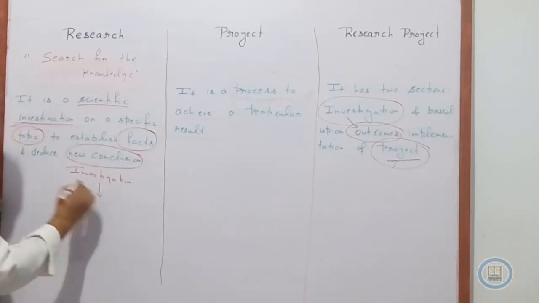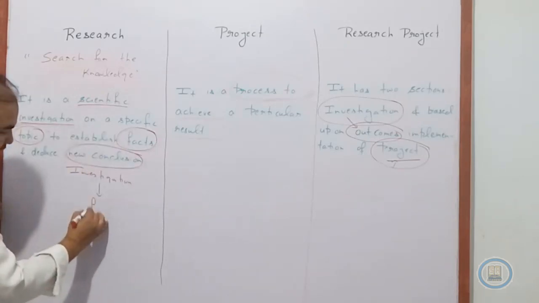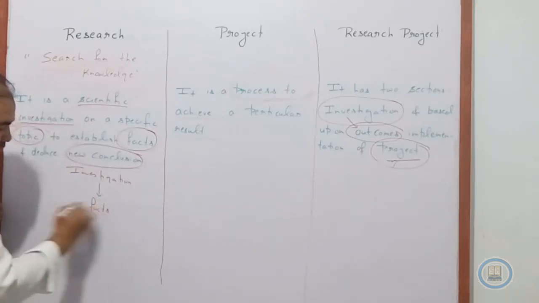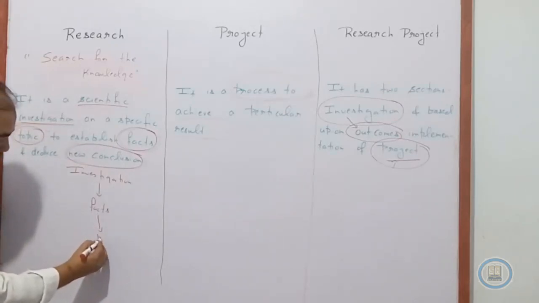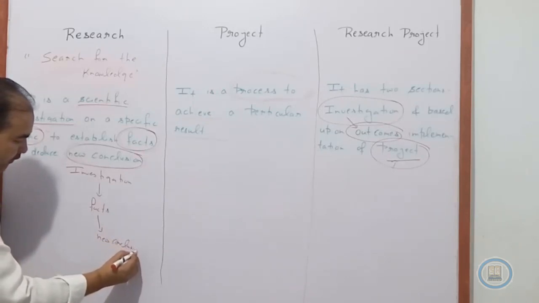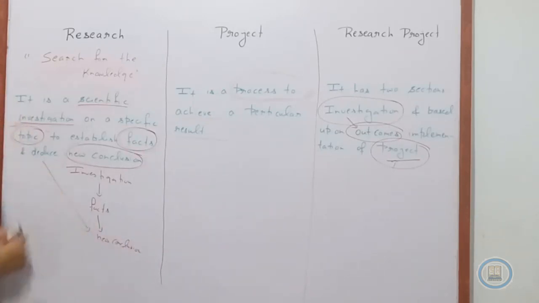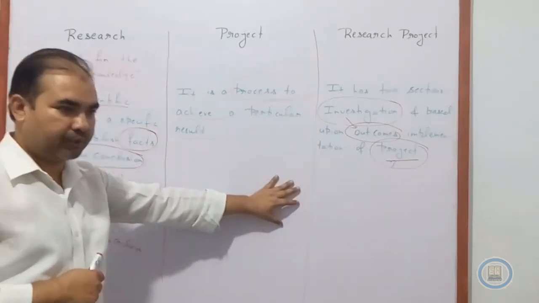What is the objective of the investigation on the specific topic? We want to establish the facts. Based upon those facts, we want to produce a new conclusion. So this is called research, this is called project, and this is called research project.